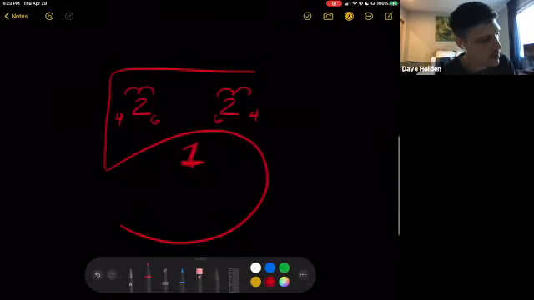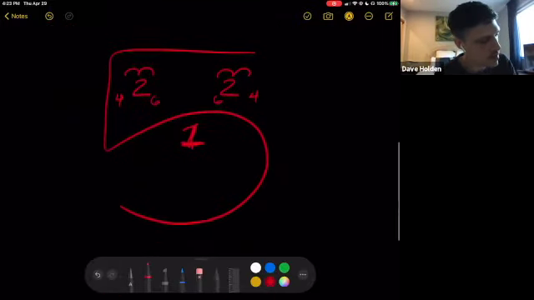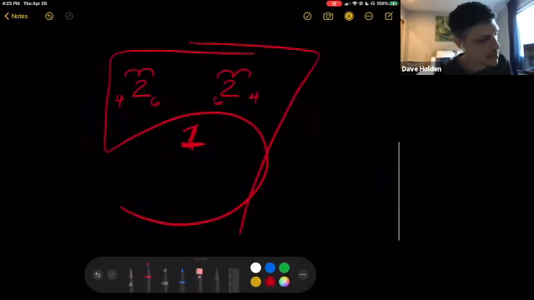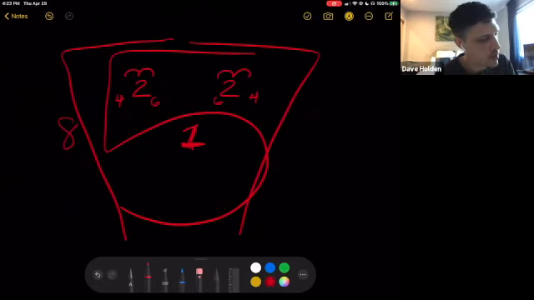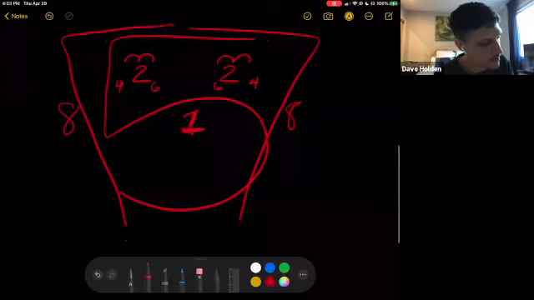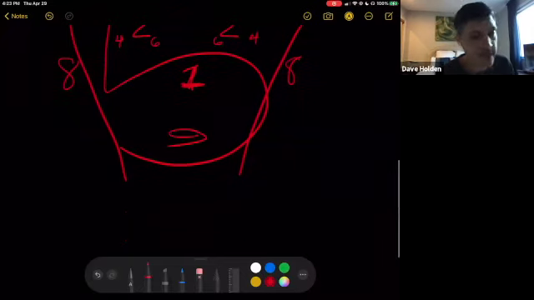So 5, 6, then 7, facial. 8 is the acoustic. That's your ears, gives you a sense of hearing. 9, glossopharyngeal, tongue and throat.